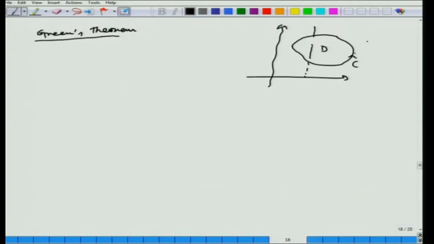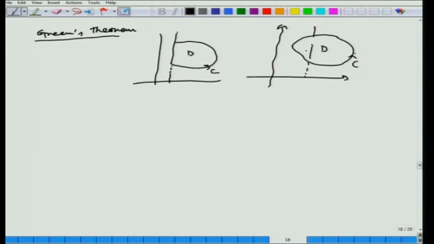Or the situation may be like this also, where the whole segment can come like this. If C is the curve enclosing this D, this vertical line here has the whole segment as common points with the domain. So we can allow this also.